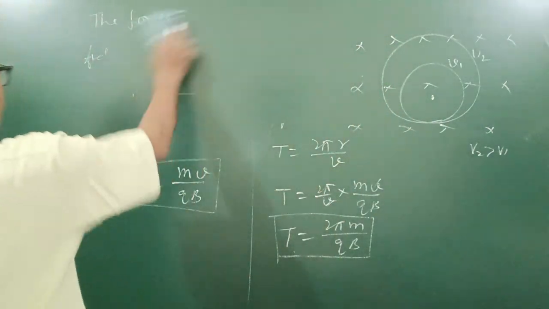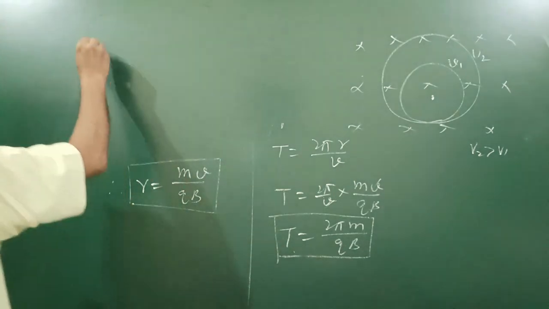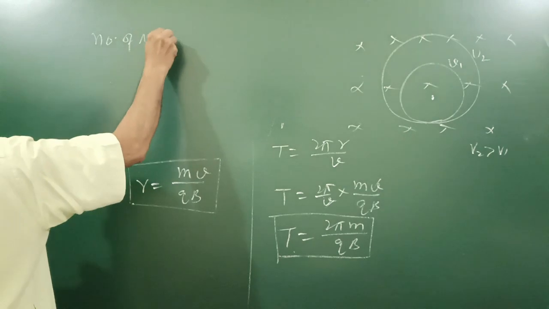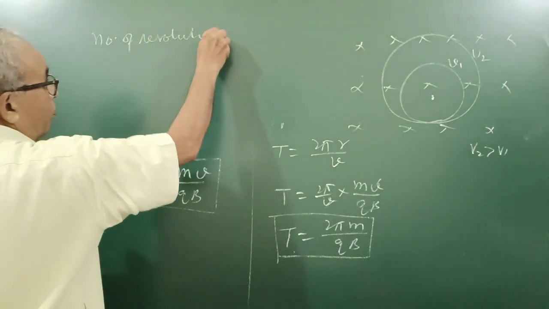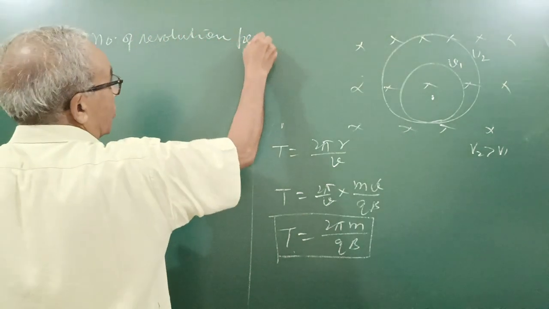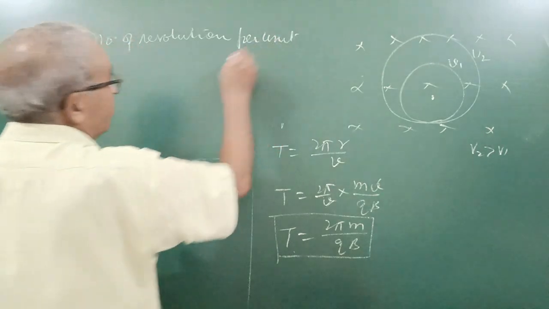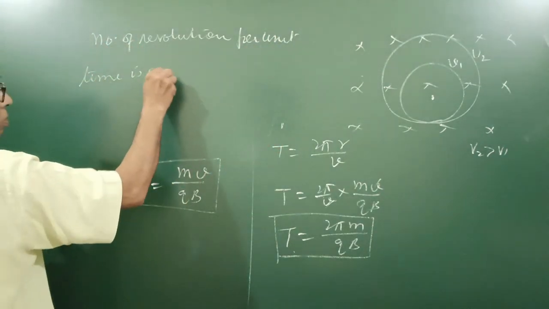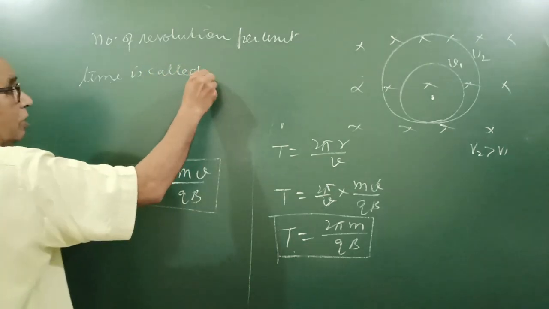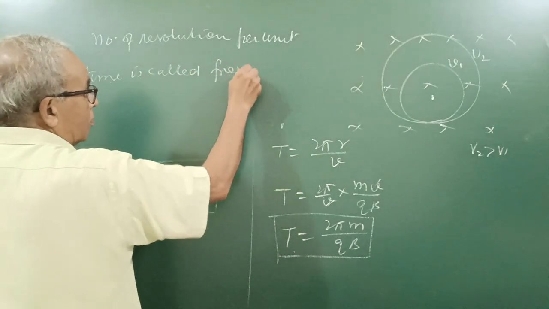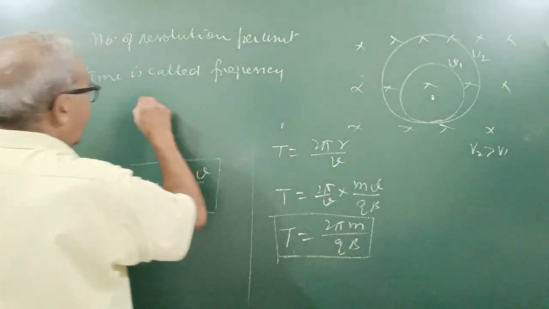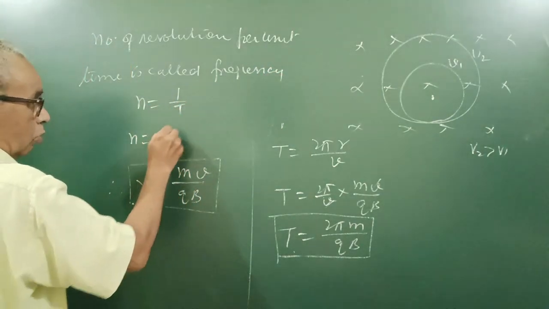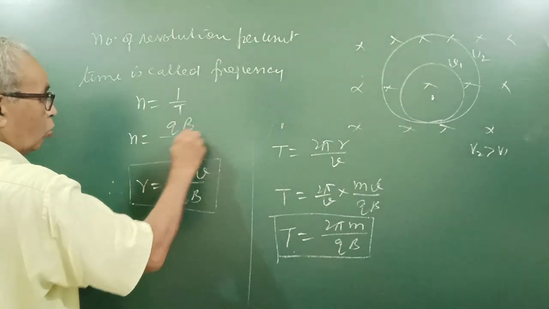Now we can talk about frequency, the number of rotations per second, the number of revolutions per unit time, is called frequency. n is equal to 1 upon T, so here n equal to qB upon 2 pi m.